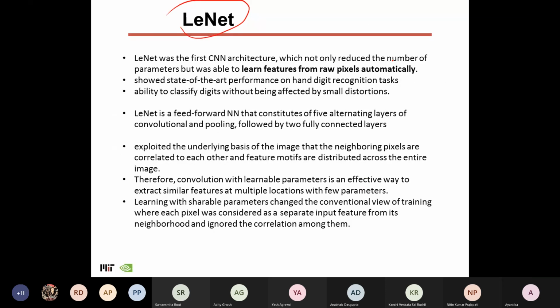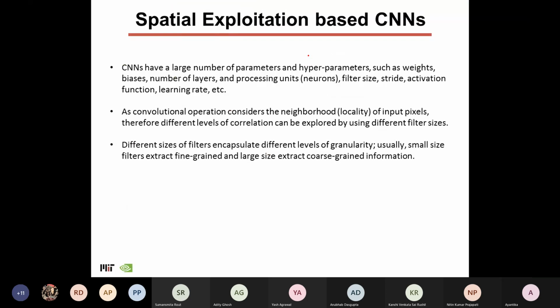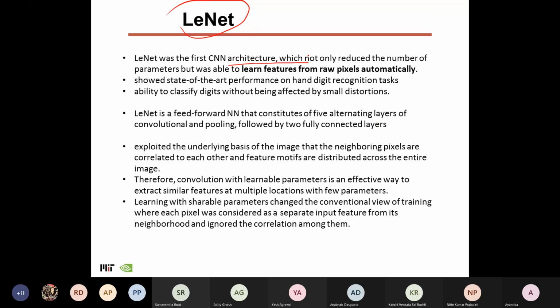Take this example, LeNet. LeNet was the first CNN architecture. From LeNet, this concept of spatial exploitation came into the picture and became the state of the art, first applied to the digit recognition task.